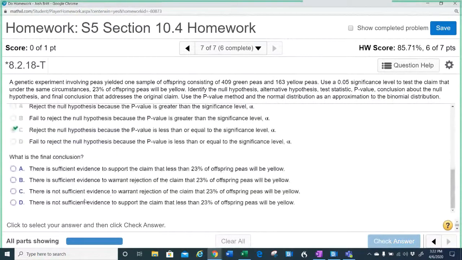So there is sufficient evidence to support the claim that the proportion is not equal to 23%, because the researcher's hypothesis is that it's not equal to 23%.